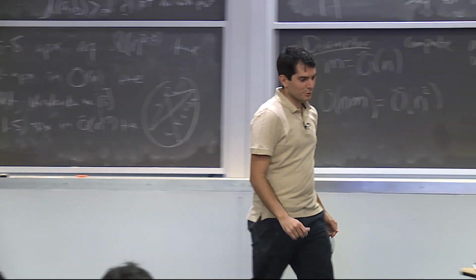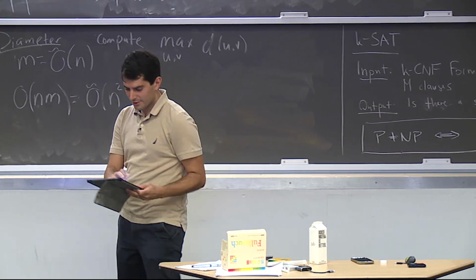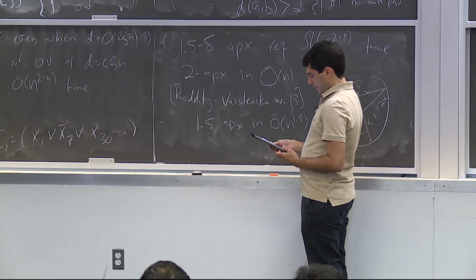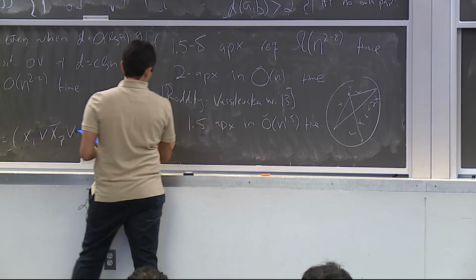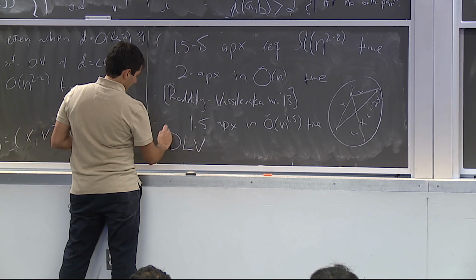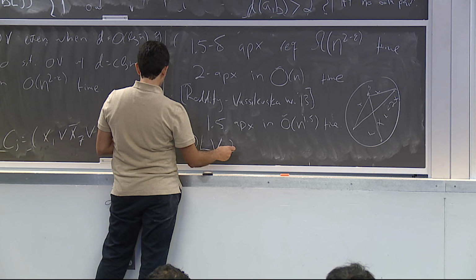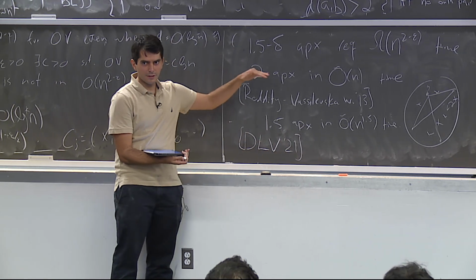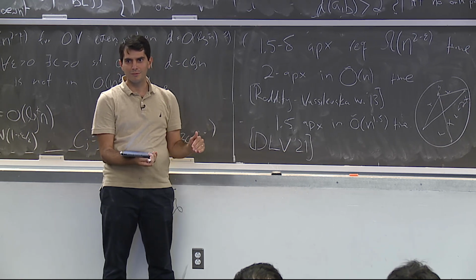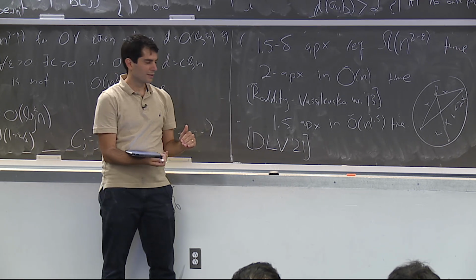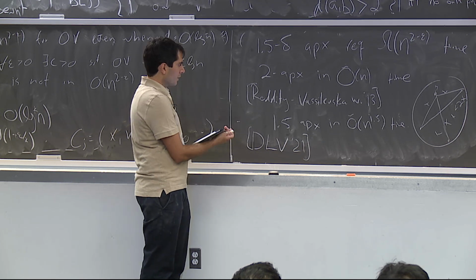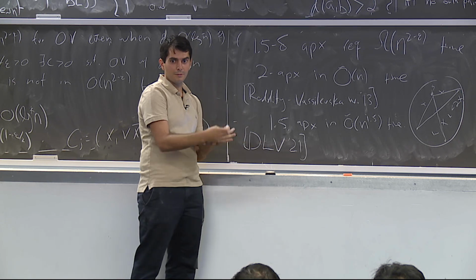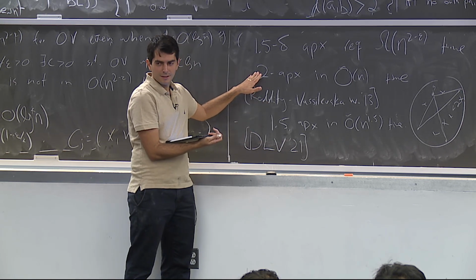And if I have 2 more minutes, I'll tell you that the story has developed since then. There's a much more recent paper, as people are trying to figure out the exact trade-off. Like if I give you 1.1 time, what's the approximation you can get? They showed that you cannot get a better than 2 approximation in linear time. So if you insist on near linear time, the best thing is 2.